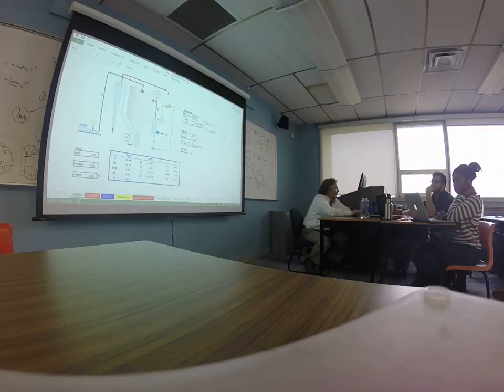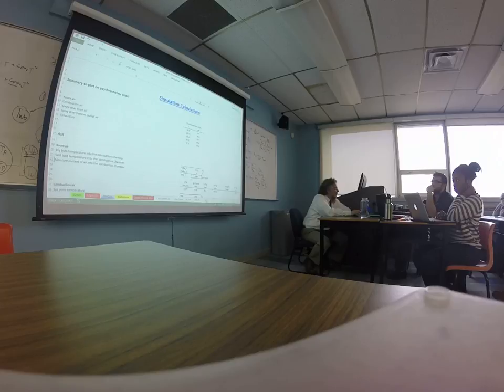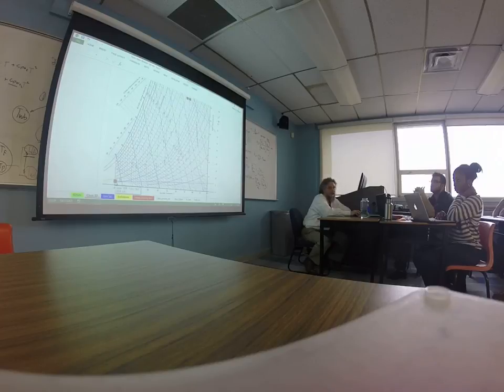On top of that, in this first part, if you look at it, this is connected to the spreadsheet. Because we have the dry bulb temperature and we just calculated the moisture content variable, that point is automatically connected to the first point of the spreadsheet.